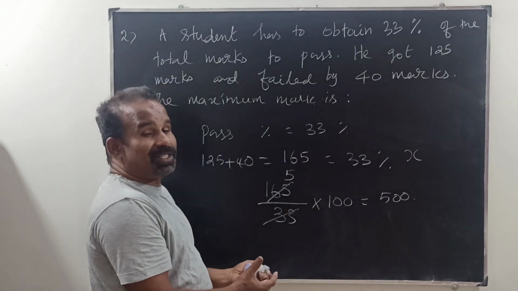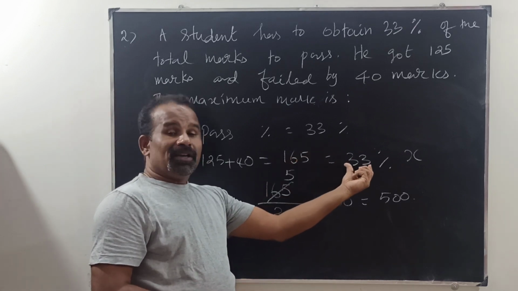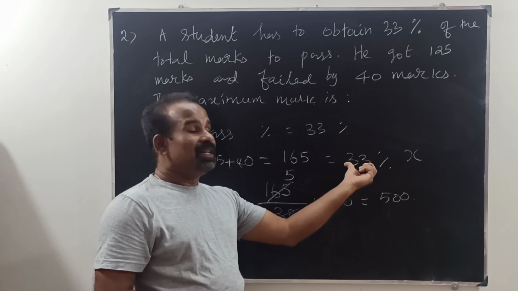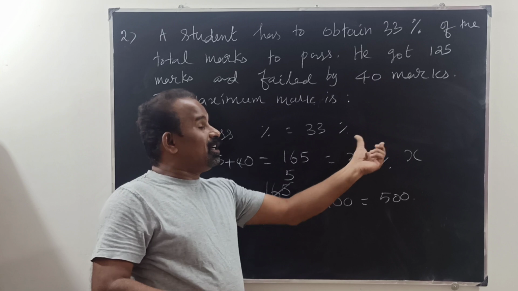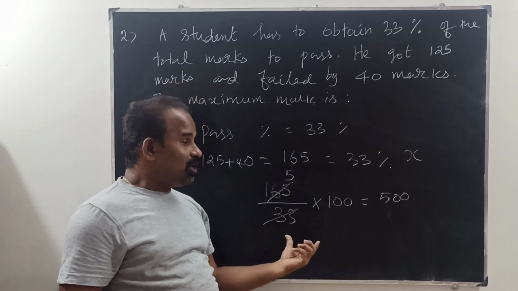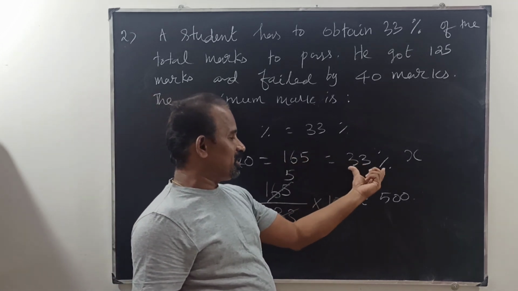The concept is, suppose you have a number of a certain percentage, then you can calculate the total number by using this concept. Understood? So 165 is 33%.